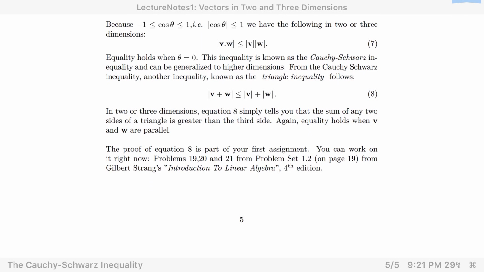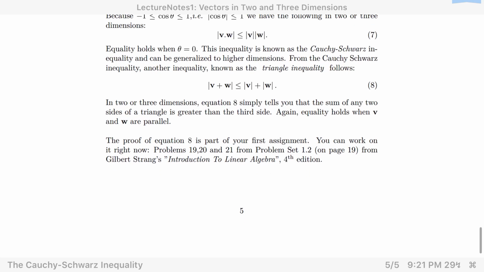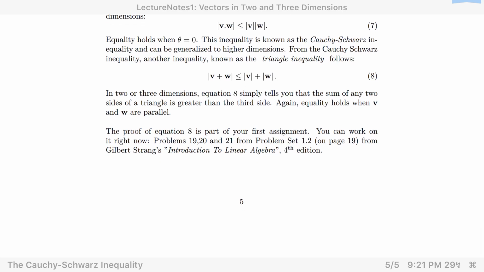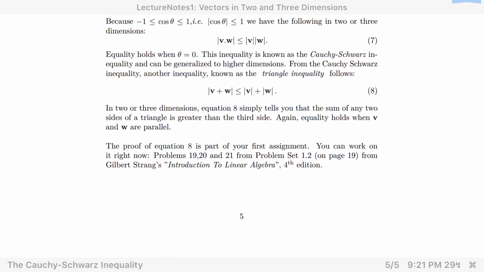And we can use this inequality to prove another inequality known as the triangle inequality, which says that the modulus of v plus w is less than or equal to the modulus of v plus the modulus of w. Now, why do we call this a triangle inequality? Notice that v plus w is the third side of a triangle that contains v and w.